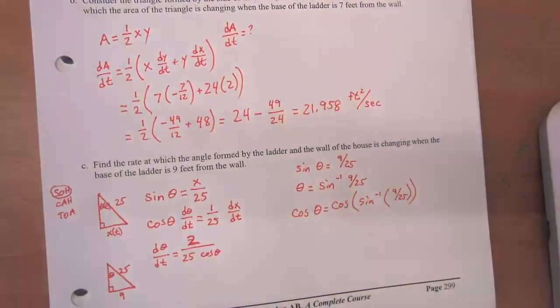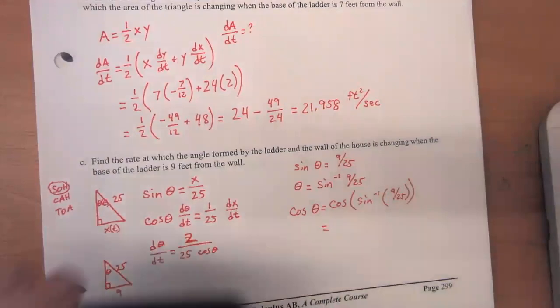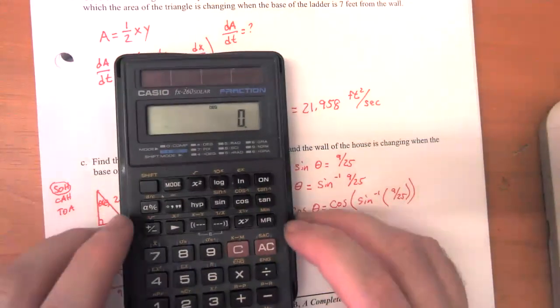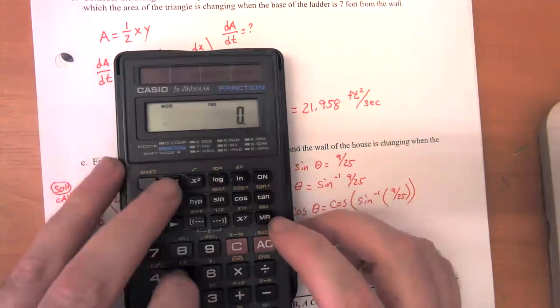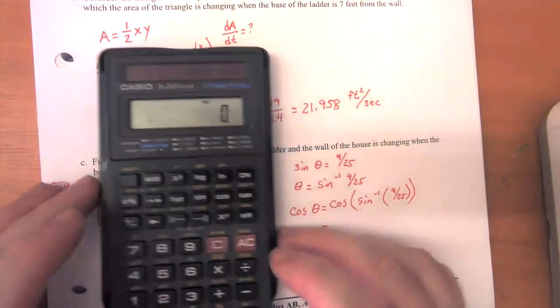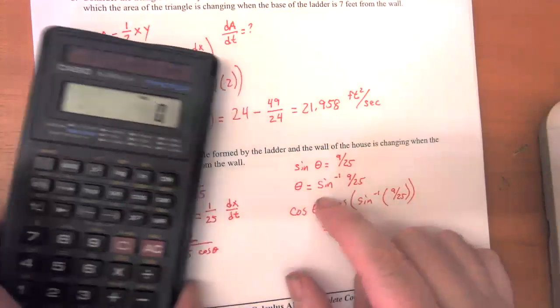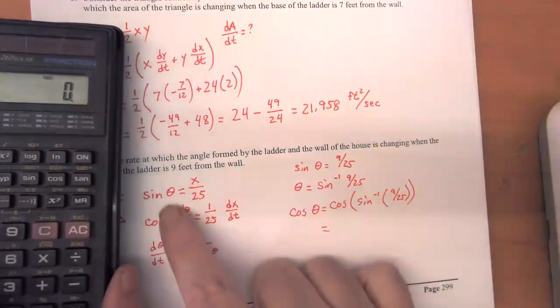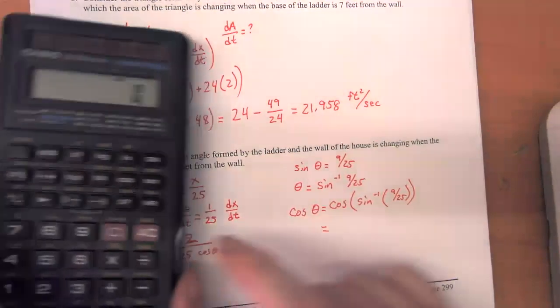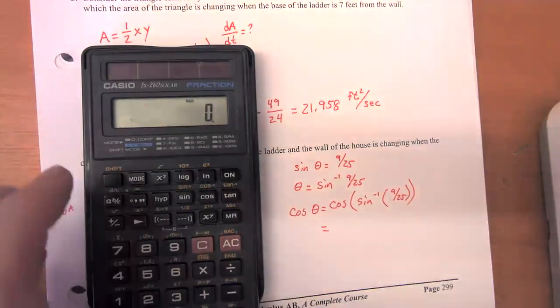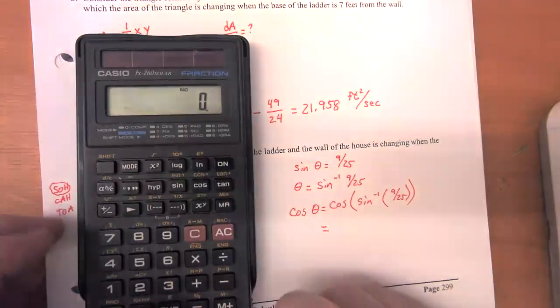And now that I've got all that, I'm just going to shove it into my calculator. I've got to make sure I'm not in degree mode. I've got to shift over to radians mode because all of calculus is in radians. Radian measure is the only one where the derivative of sine theta is equal to cosine theta, and there isn't some extra factor that we need to work out. So radians is important.